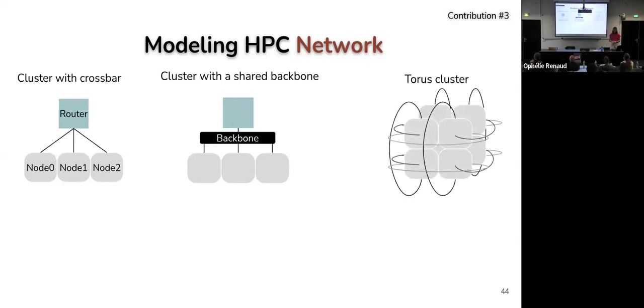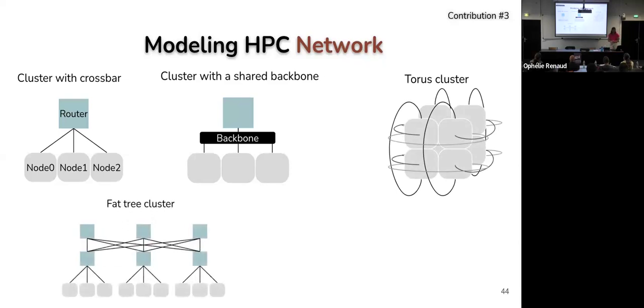The torus cluster consists of a cluster where all nodes are connected to their neighbors. So it's an effective cluster for applications with a regular pattern of communication. The fat-tree cluster corresponds to a cluster where switches are organized in rows that allow redundant data paths and achieve high bandwidth.